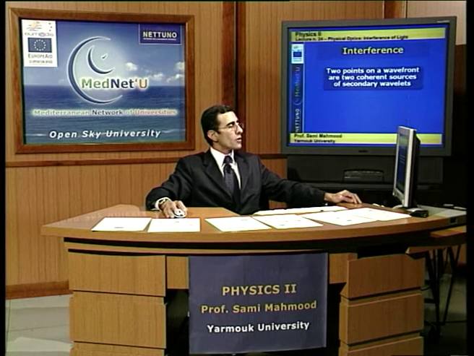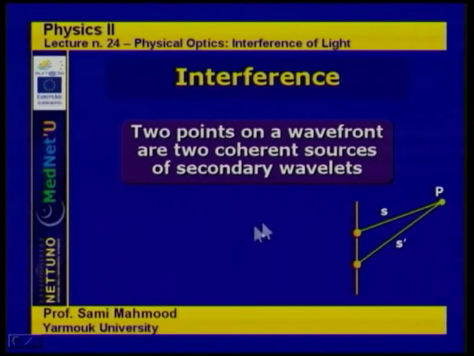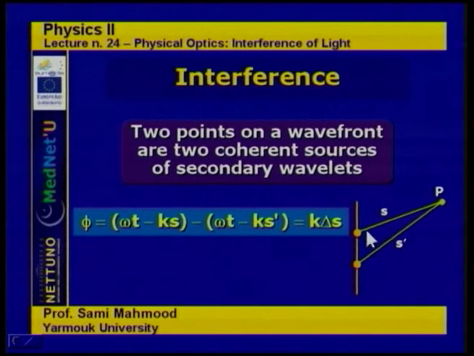Two points on a wave front are 2 coherent sources of secondary wavelets, because the same wave has the same phase. So if we take 2 points like this on the same wave front, the phase difference between these two is coming from the path difference.